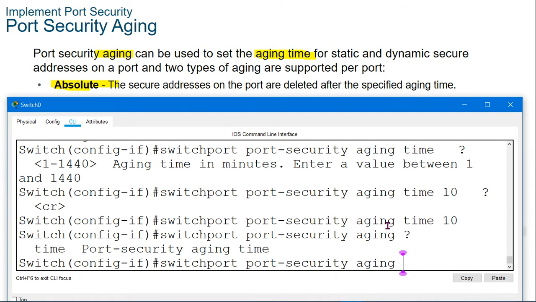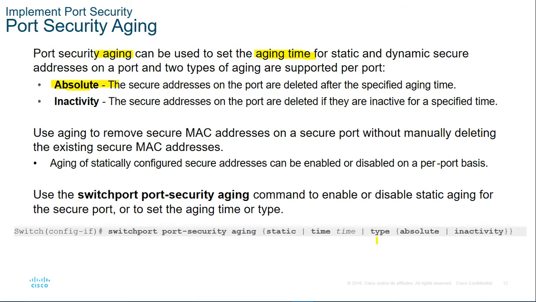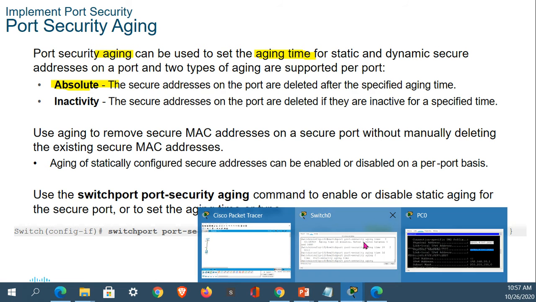If you see here, it is accepting the time, but I'm not able to get the type option here. This option is not available. We are able to configure the timing. Let us try once again whether the type is available, because it depends on the IOS we are using.